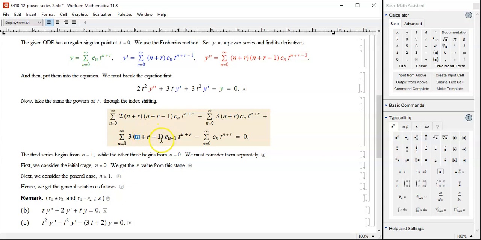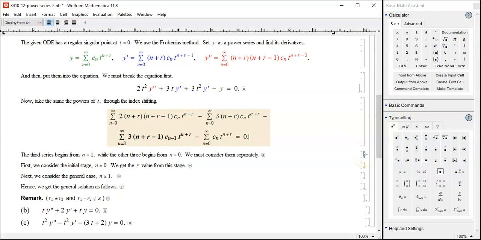Instead of just 0, we have r minus 1. So we are adding something non-zero. We need some work. So how do we do that? We have to consider n equals 0 case and n is greater than or equal to 1 case separately. When n equals 0, only these three series contribute, and this last series does not.